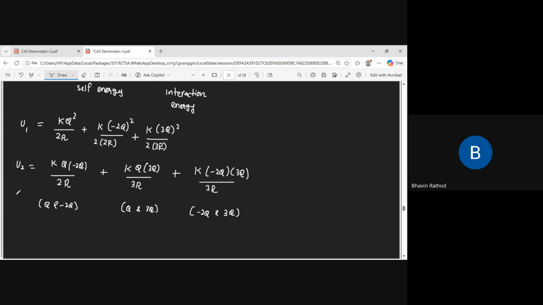Then obviously we can add these to find the total. Make sure you understand the terms of interaction energy well. That's the only tricky part in this question. Does anybody have any questions on how I wrote the terms for U2?